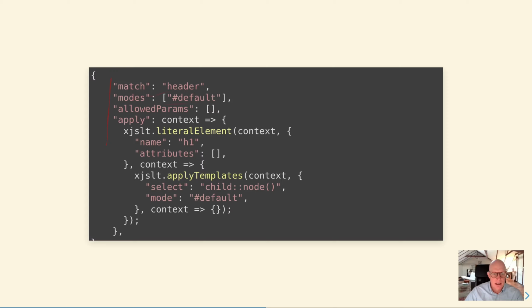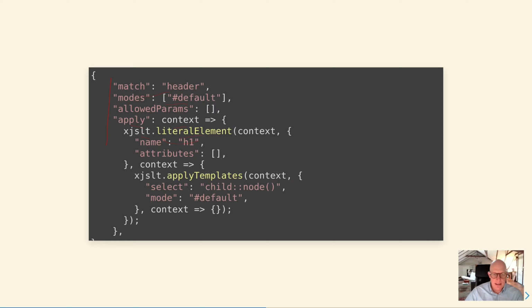What's interesting here is there is a function here that takes a context variable. That context stores the dynamic context of the transform, like what node we're at, etc. in the input. And then there's actually a function here which calls out to some XJSLT helper functions.